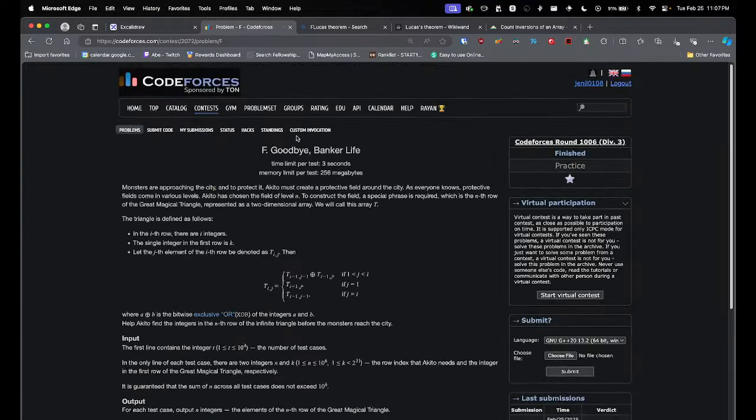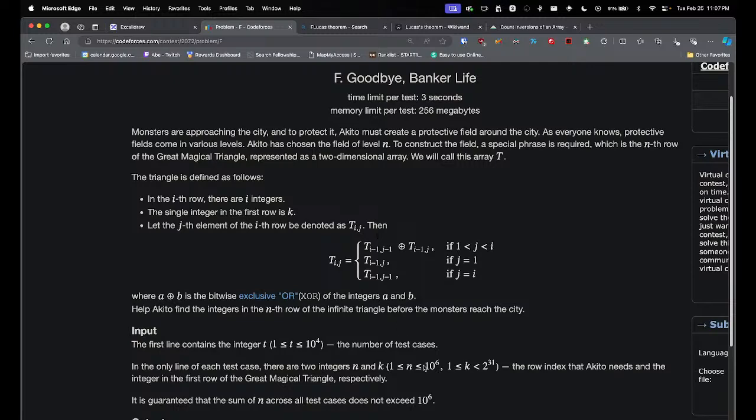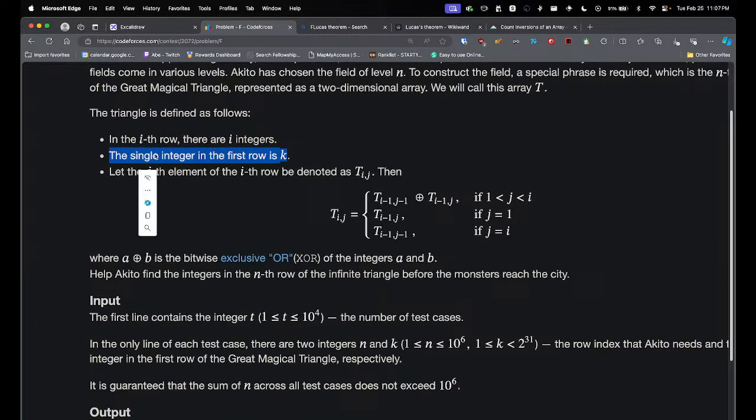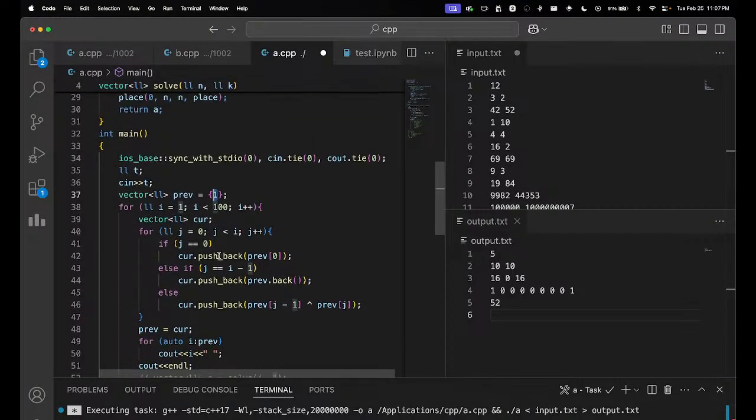First, I'll explain the question. So you're given n and k. K is your starting point, a single integer in the first row, and then the other rows follow this pattern. Okay. I didn't really look much into this. I directly coded this up. So what I'm doing is I'm making a curr array 0 to i.